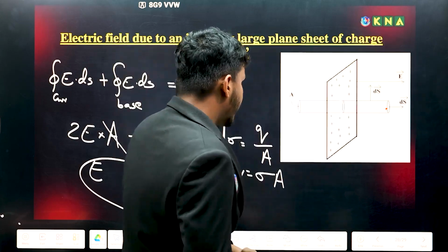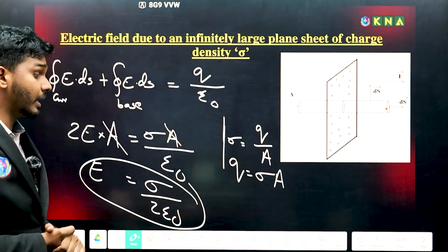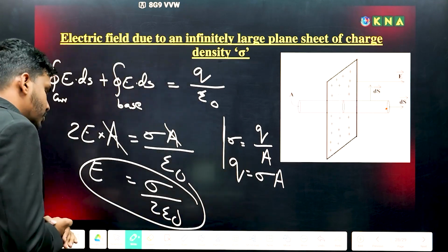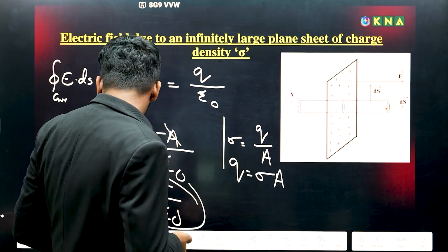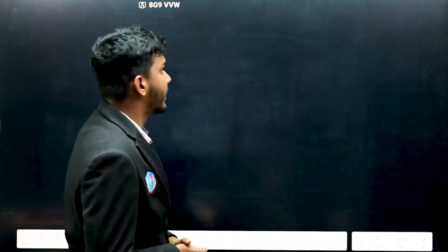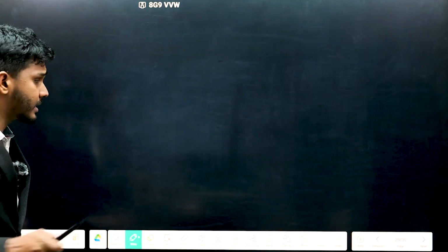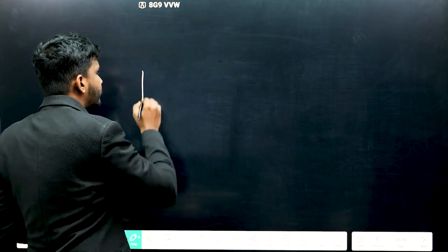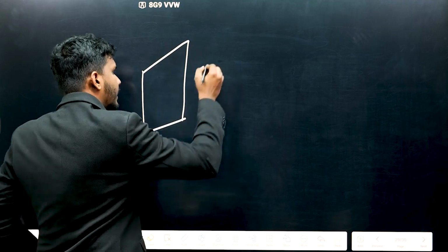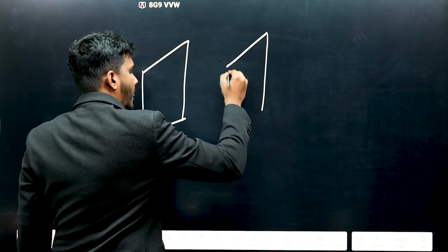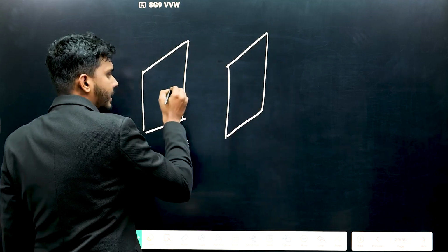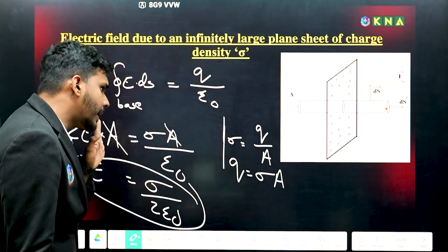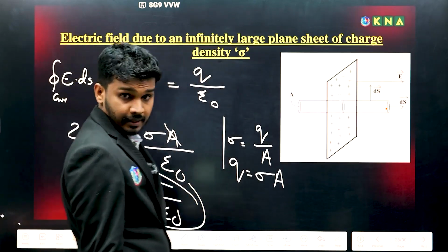Next, we want to understand two parallel plates. If there are two parallel plates, what is the electric field? How do we find the electric field? Here, sigma by 2 epsilon naught is the electric field.